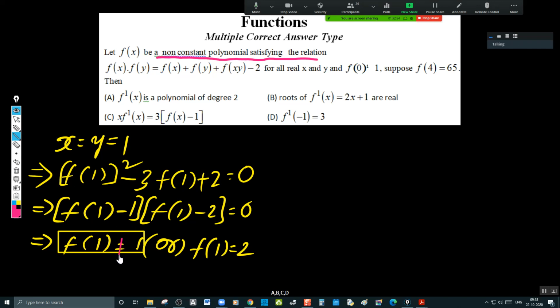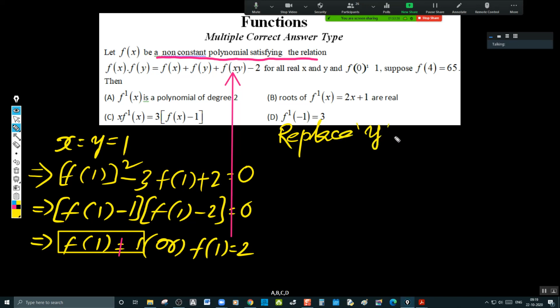Now, if you substitute f(1) equal to 2 here, replace y with 1 by x.